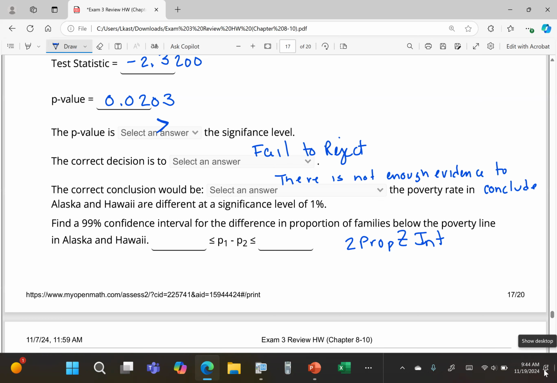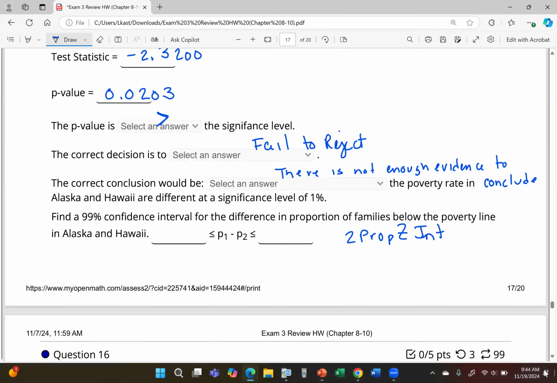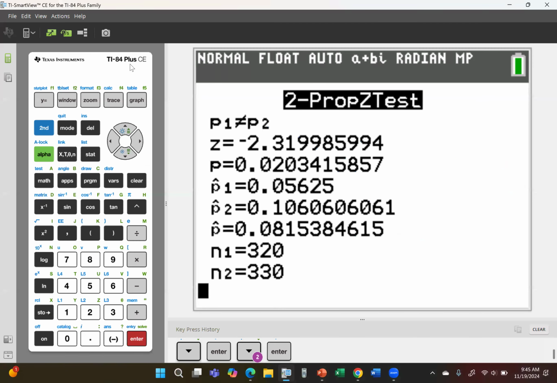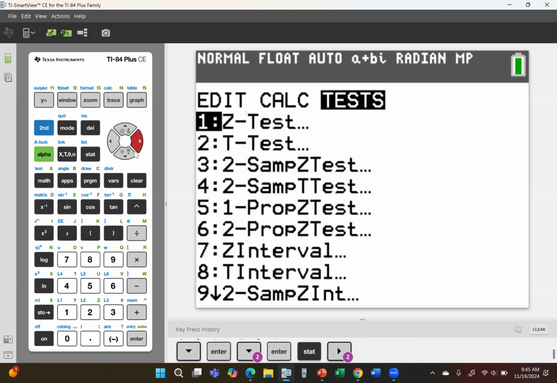If I'm testing at a level of alpha equals 1%, then the confidence level would be 99%. So I'm going to go back to my calculator, go to stat, tests, and find a 2 proportion z interval.